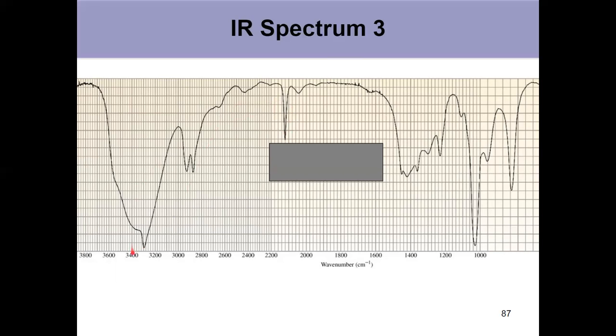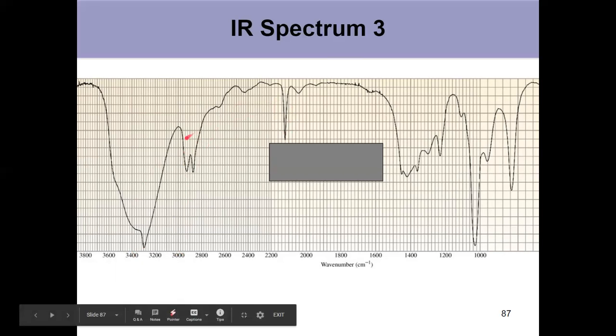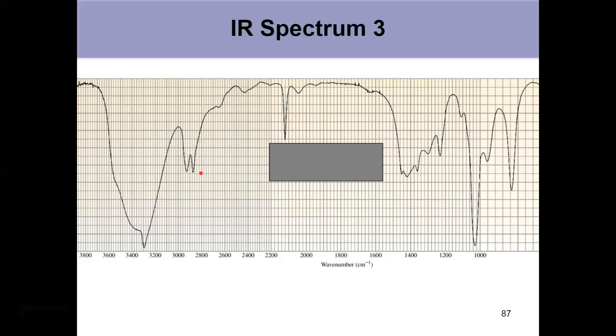Now over to the right of 3000, I do see some peaks here that indicate I do have some sp3 hybridized carbons. They're not as strong as normal, and that's usual, because when you have an alcohol, it absorbs so strongly that it kind of by default makes every other peak small, except for this one over here, which corresponds to the CO single bond.